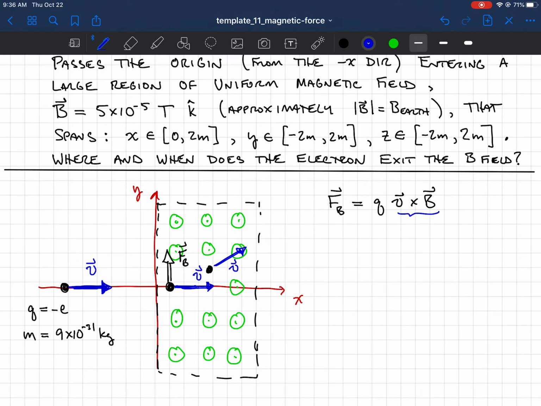And you see that that points sort of down in the 4 o'clock direction, but again, negative charge, so it'll point in the 10 o'clock direction. So we have a force which points like that. And because the magnitude was the same, and the velocity and B are still perpendicular to each other, these forces also have the same magnitudes. So the forces will be the same as it goes along.